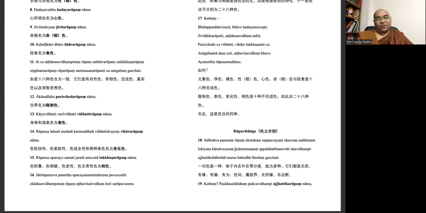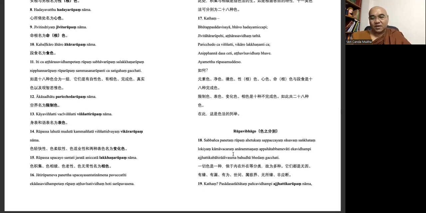The Buddha says "Samudaya saccam pahatabbam," you have to abandon that craving. Craving is something to be abandoned; materiality is not.